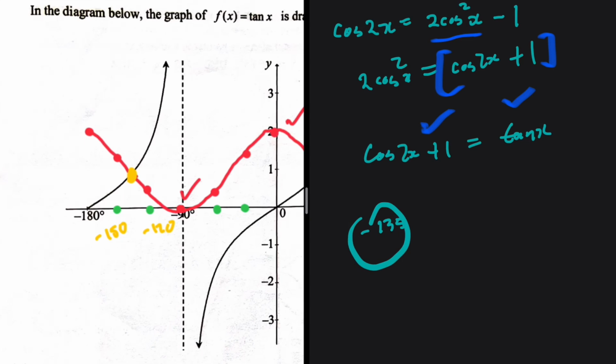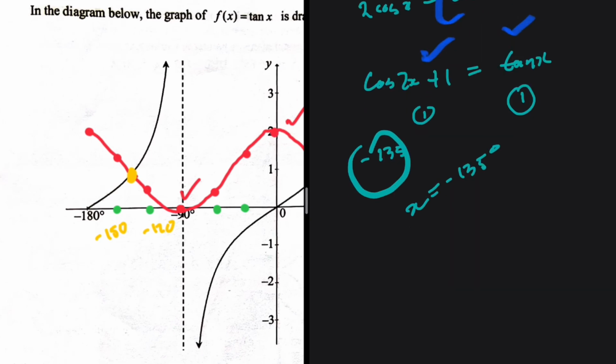So let me just substitute it into these two functions and see what I get. When I substitute minus 135 here, I get 1. So let me substitute it here. 2 cos of minus 135, well, minus 135, I also get 1 here. So x is equal to minus 135 degrees. It's one of the solutions, right?